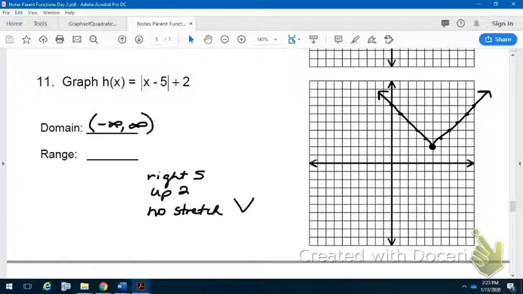It's negative infinity to positive infinity. For range, your lowest value here, the y value, is a 2, and it goes up to infinity. And if you're not sure, you can say that the coordinates of that point are 5, 2, and your y value is 2, and there's nothing below 2 in this graph.